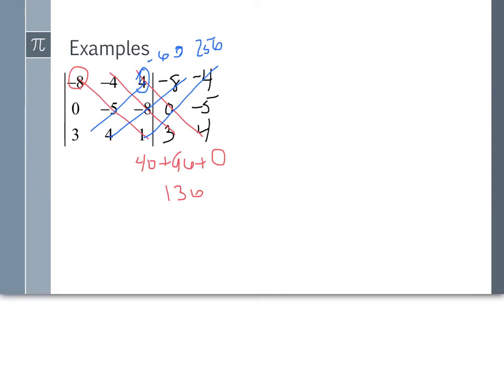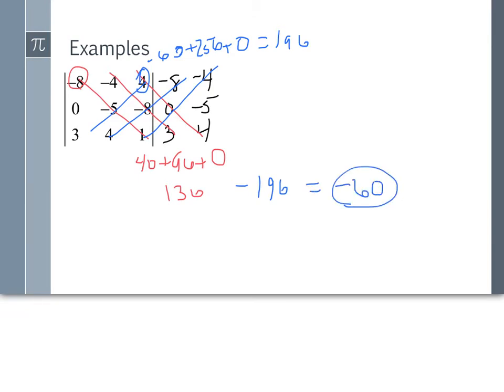And then negative 4 times 0 times 1 is 0. When you add those up, you get 196. So now we subtract 196 from 136, and we get our determinant, which is negative 60.